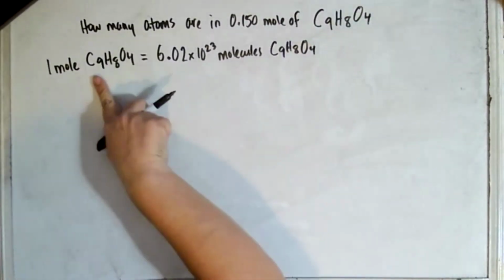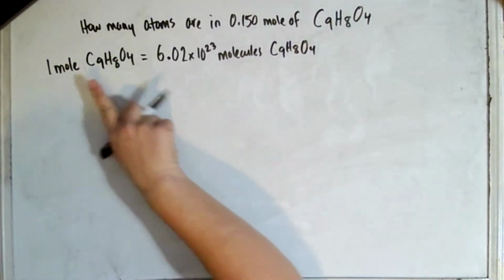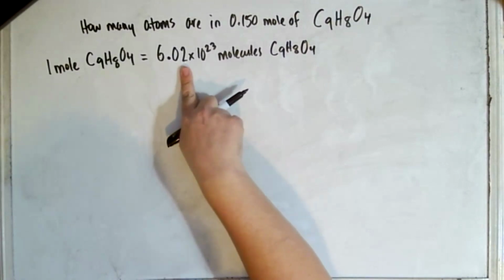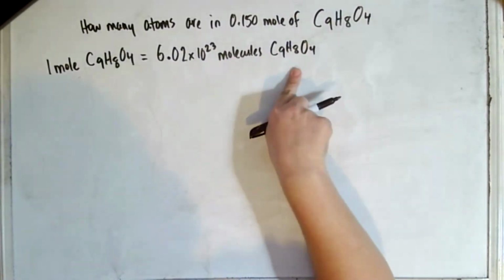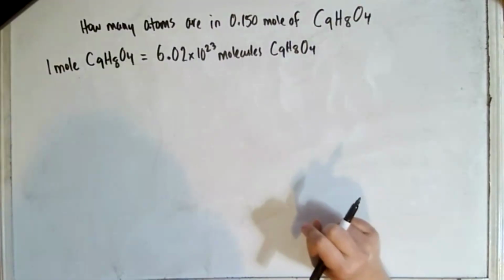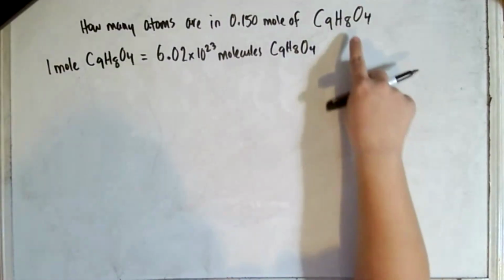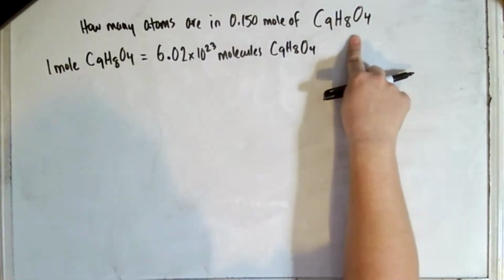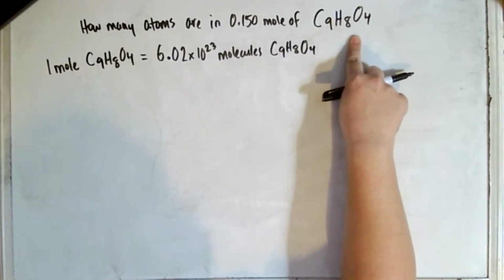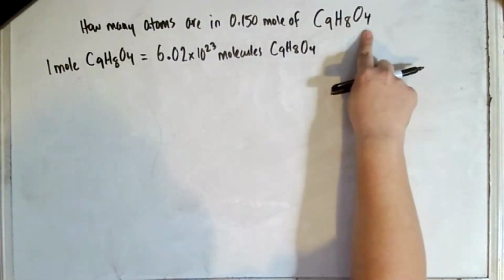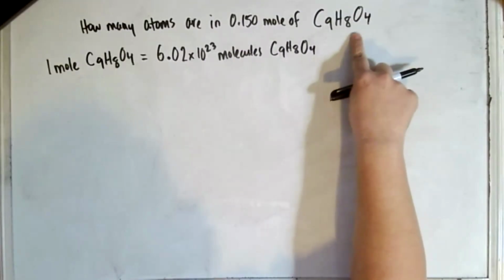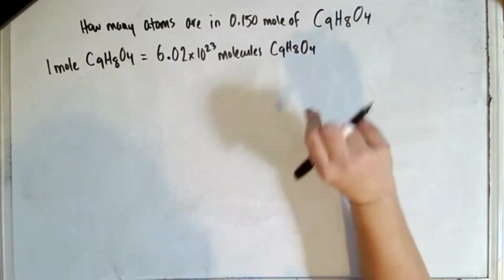So for every 1 mole of aspirin, we're going to have 6.02 times 10 to the 23 molecules of aspirin. That's what Avogadro's number can tell us. What our chemical formula can tell us is how many moles of oxygen are in every mole of our aspirin compound.